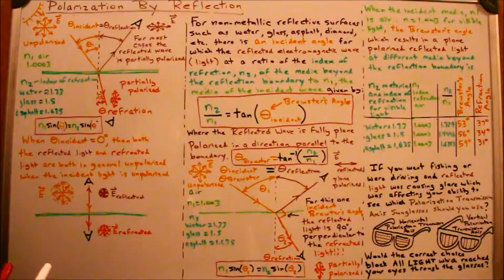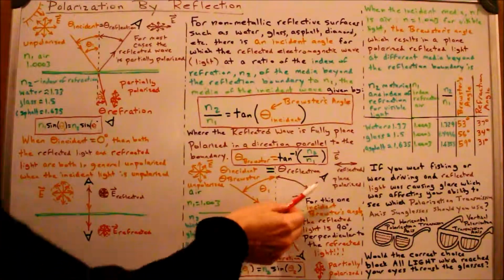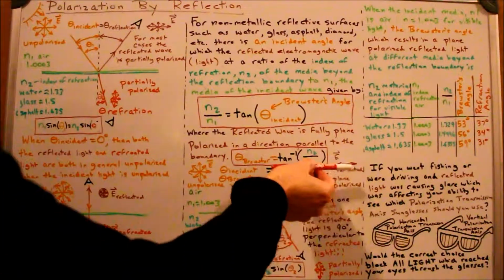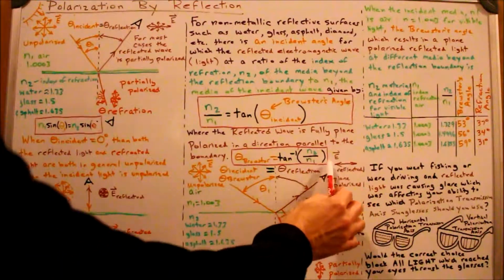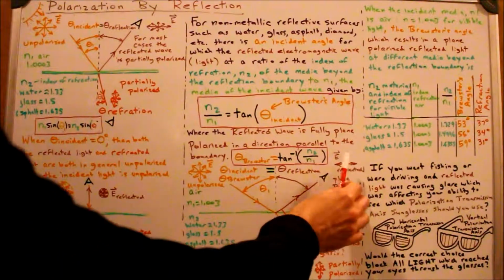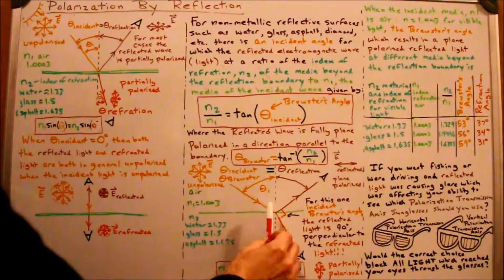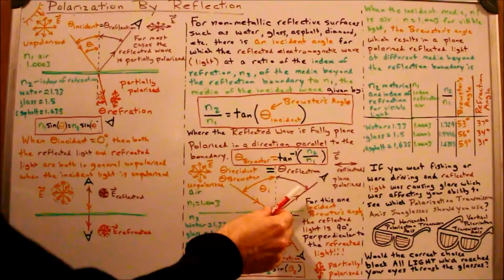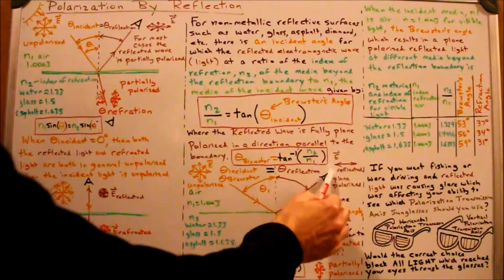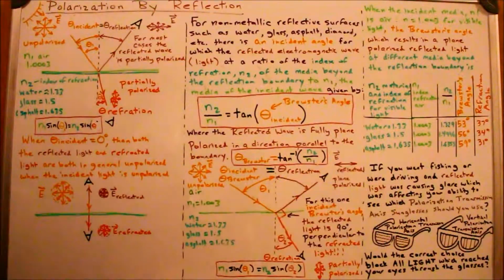At that one particular angle, the reflected signal that I would see is 100% plane polarized. It contains no components of the electric field which are perpendicular to the boundary. So even though I had unpolarized light coming in, the reflected light would be 100% plane polarized.